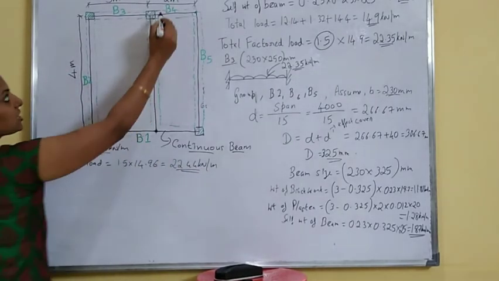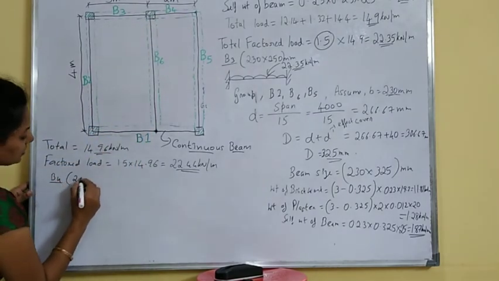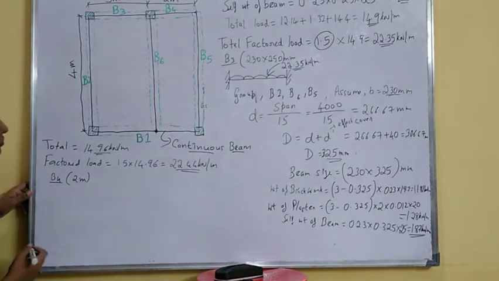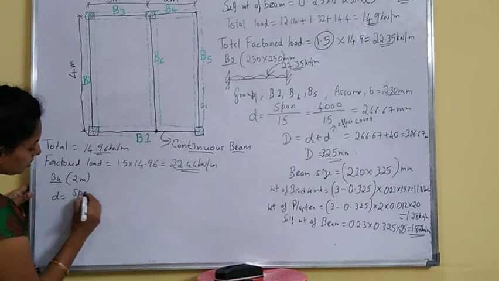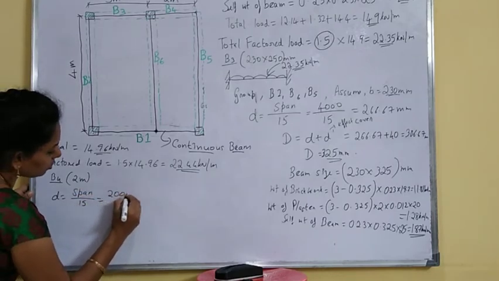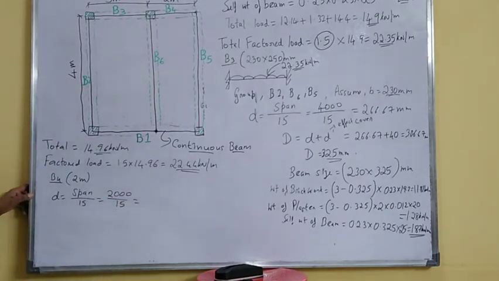Next, last, here there is a propped beam, that is beam number 4. The span is 2 meter. Okay. So d is equal to span by 15, that is 2000 by 15. You will have 133.